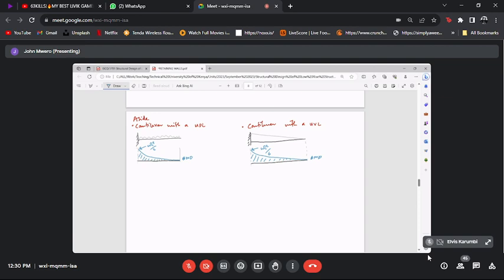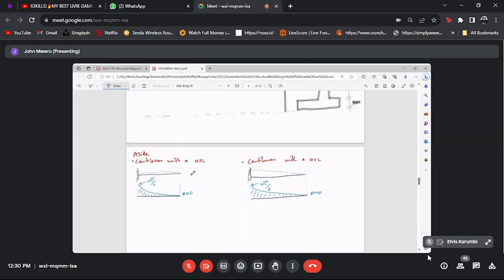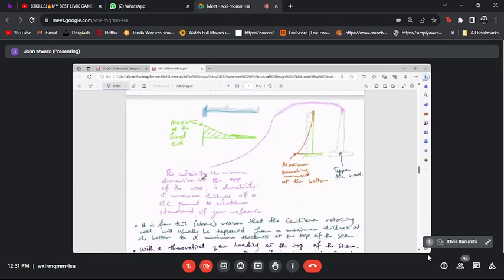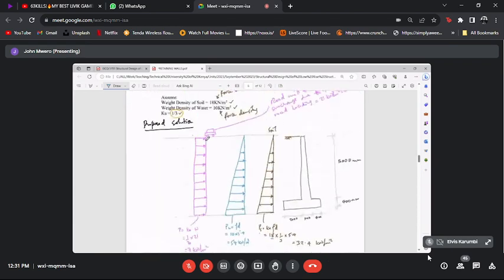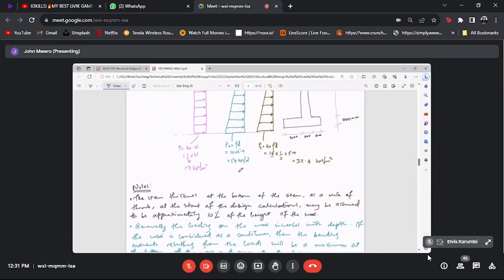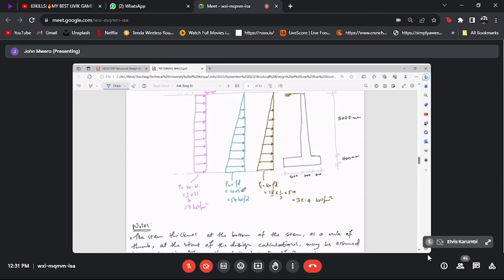So we'll use these two equations. We'll use the one with the UDL for the loading courtesy of the surcharge, and then we will use the one for the UVL for the soil and the water.